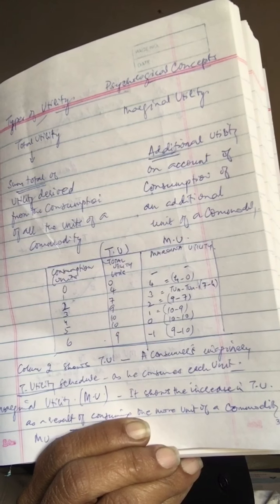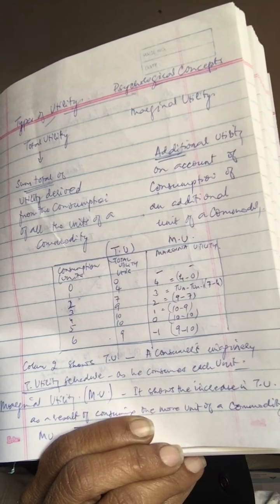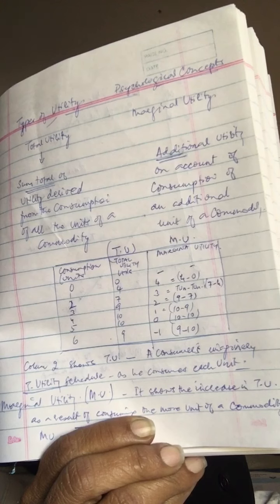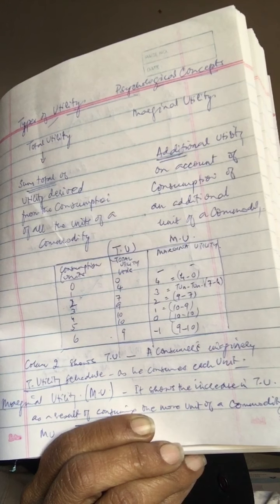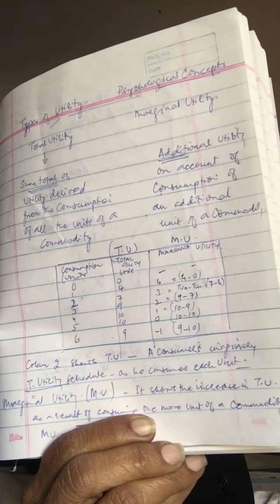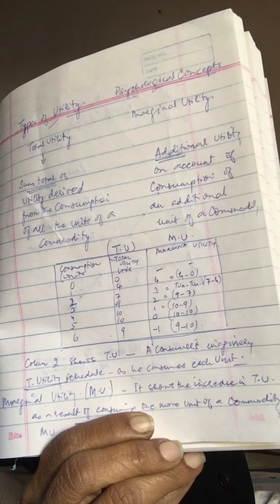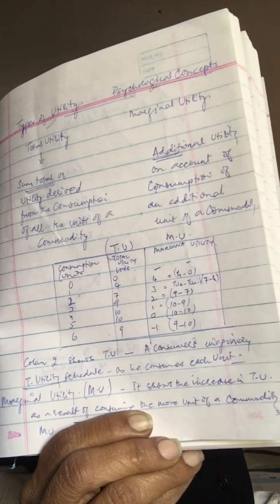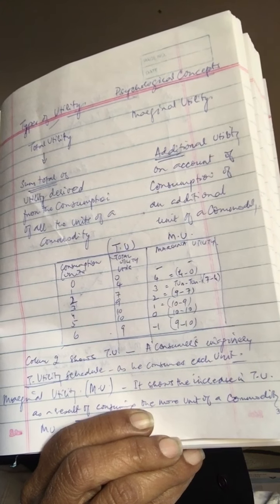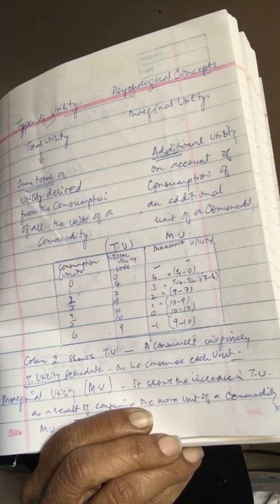Let us say he consumes the third unit and he gets a total satisfaction, or total utility in utils, of 9. Which means how much has the satisfaction he has derived from consuming the third unit increased? 2. That is marginal utility.